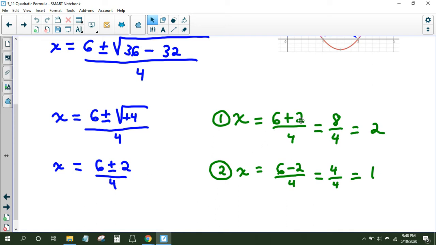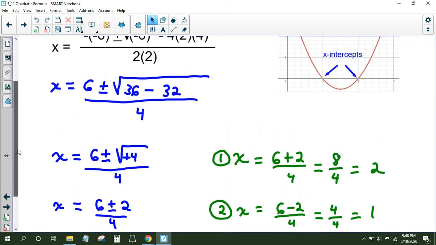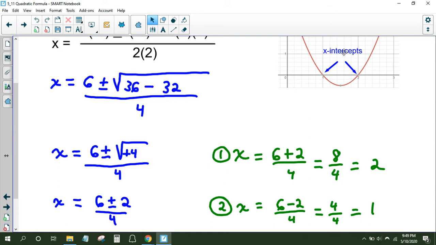We're going to have 6 plus 2 over 4, and then we're also going to have 6 minus 2 over 4, and we're going to simplify down. 6 plus 2 is 8 over 4, which equals 2. 6 minus 2 is 4 over 4, which equals 1. So those are our solutions, 2 and 1. Looking at our graph, that's exactly what we should have calculated. The x-intercept is at 2 and the x-intercept is at 1.